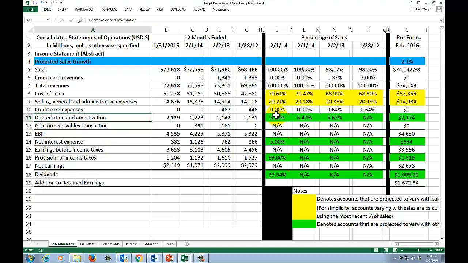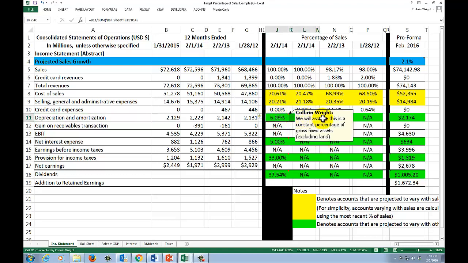What I've said here, and I've got a note, is I'm going to assume that this is a constant percentage of gross fixed assets. So what I've calculated here, these numbers are not depreciation as a percentage of sales. They are depreciation as a percentage of gross fixed assets excluding land. So how am I going to forecast depreciation expense on our income statement?